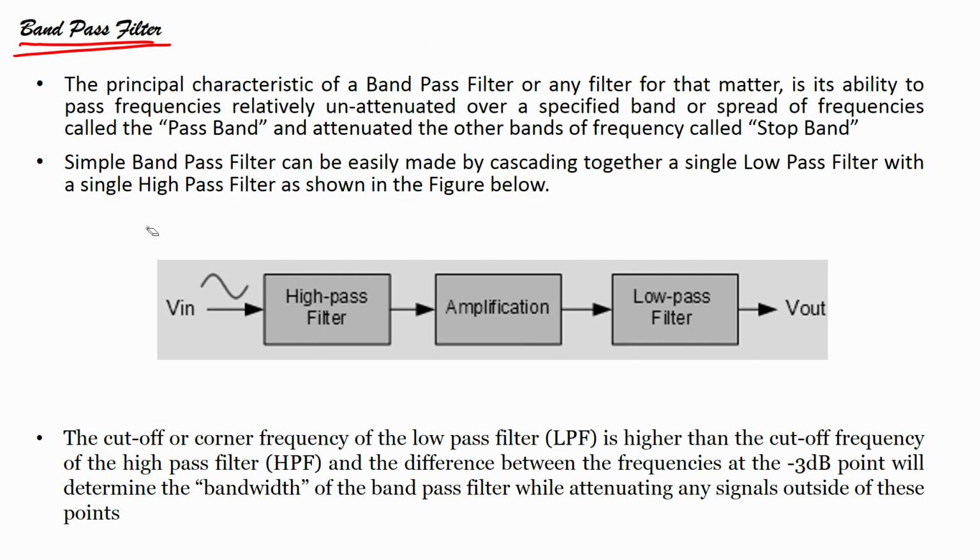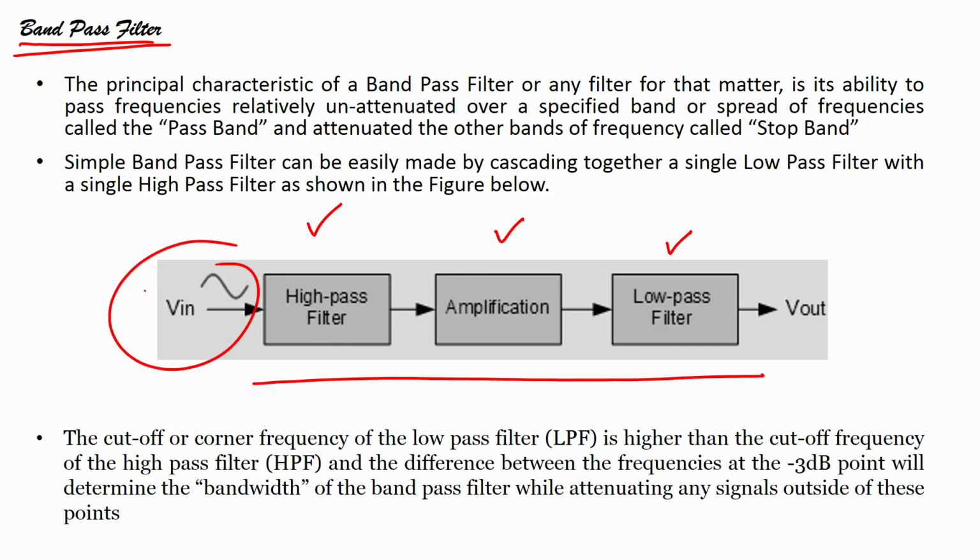This is the block diagram for the band pass filter. The first block is the high pass filter, then we amplify, then the low pass filter. So, cascading high pass and low pass will result in a band pass filter.